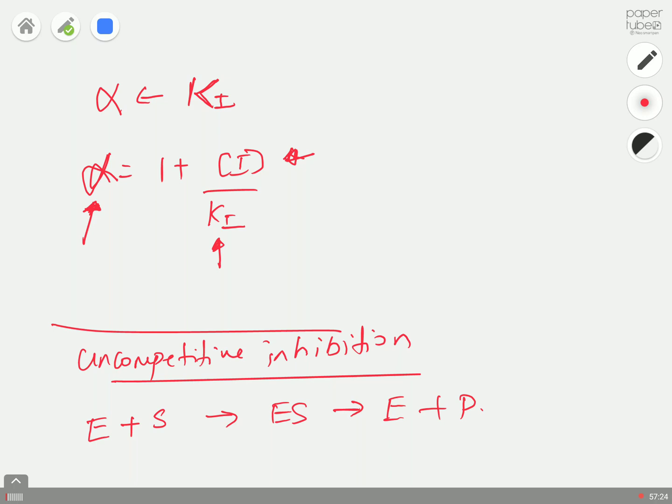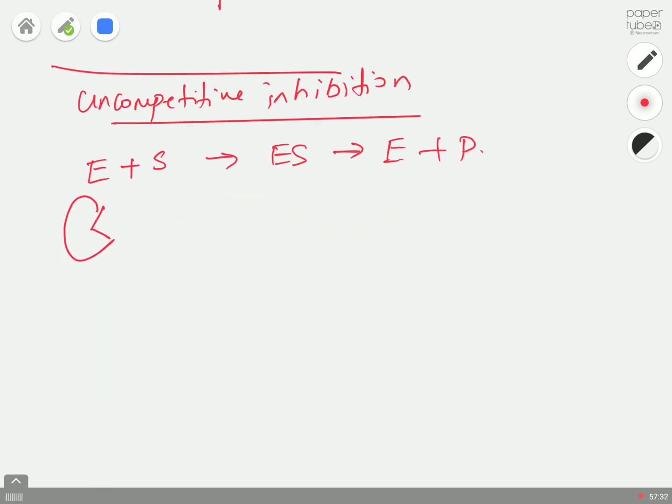So an uncompetitive inhibitor is like this: we will have some inhibitor that will not compete for the site in the enzyme. Say this is your enzyme, and this is your substrate molecule. Let's say we made an enzyme substrate complex, and we have an inhibitor with a funny shape. Let's say this is our inhibitor, so this one will go and fit in here.